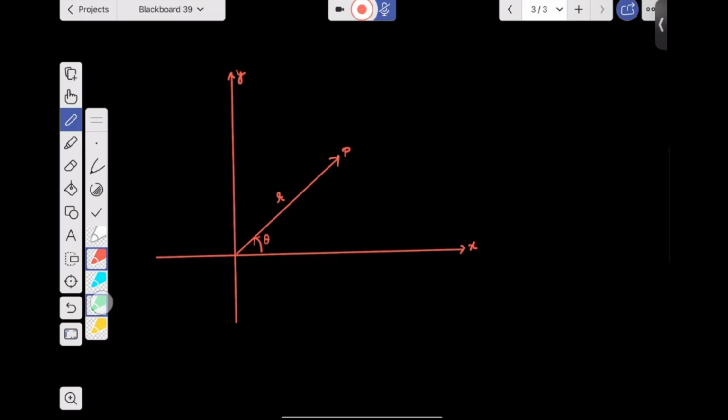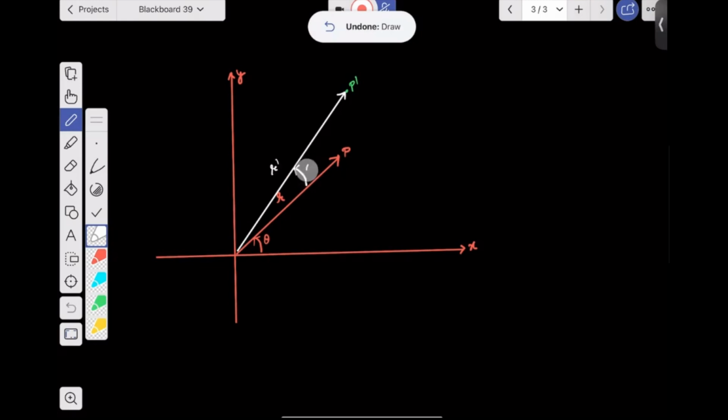Suppose a particle moves to a new location, from P to P dash. Now it will be at some different distance and making some different angle. So R becomes R dash, and theta becomes theta dash, such that the change in the angle here is d theta.